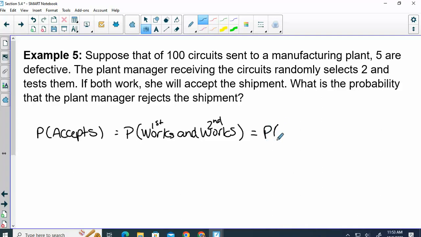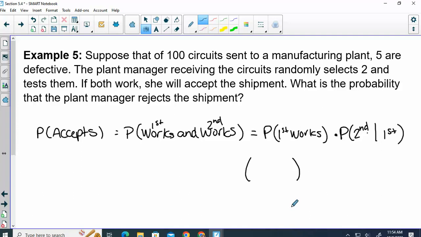So if we use our conditional formula, the probability of both things happening is the probability of the first times the probability of the second, given the first one already worked. Okay, that's the AND formula that we wrote down or that we have in our notes packet for the general multiplication.